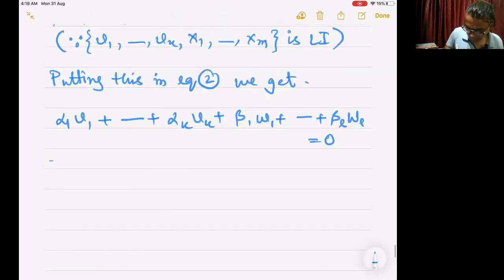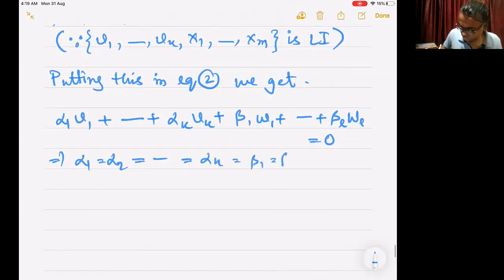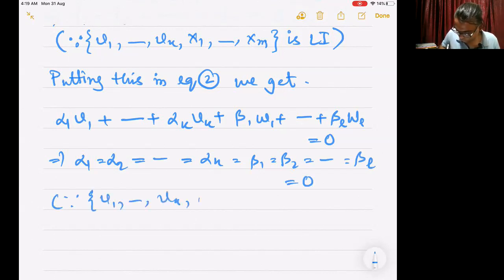But then this implies alpha 1, alpha 2, dot dot dot up to alpha k equal to beta 1 equal to beta 2 dot dot dot up to beta l must be equal to 0. Why? Because v1 dot dot dot vk, w1 dot dot dot wl, this set is linearly independent because it's a basis for W1. So all the coefficients are 0, which means I take a linear combination, I claim that it's 0, implies that only the trivial linear combination is 0. Therefore, those vectors must be linearly independent.